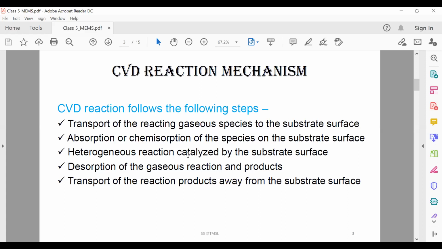The fourth one is desorption of the gaseous reaction products, the byproducts. Desorption should be there. The fifth is transport of the reaction products away from the substrate surface. So these are the five steps followed one by one in a CVD reaction chamber.